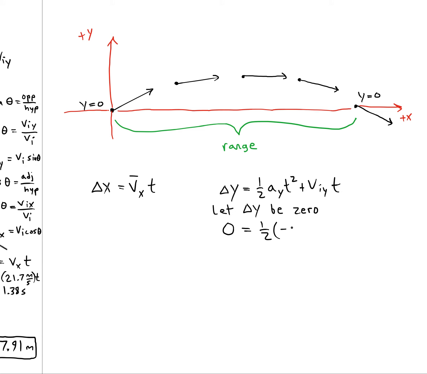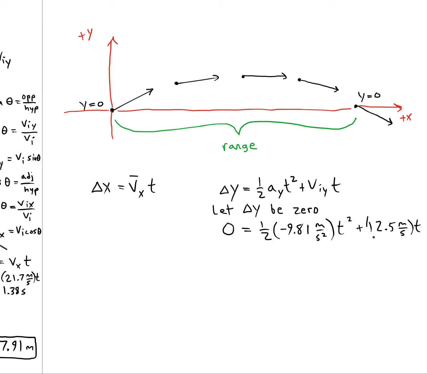So plug everything in. The v_iy was 12.5.